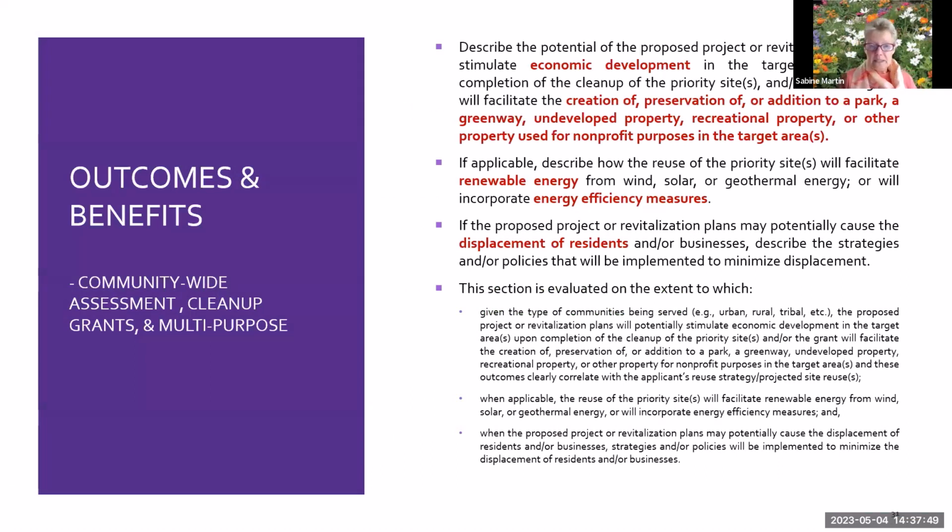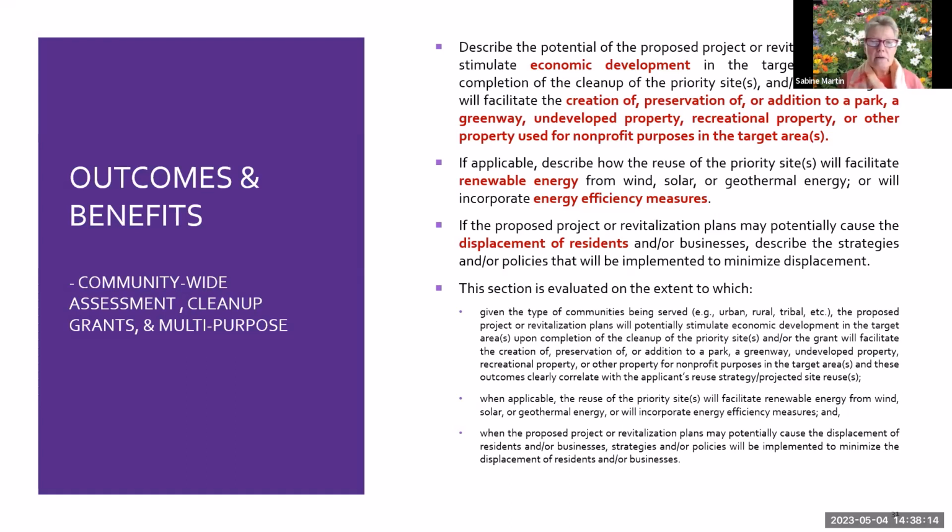So back to the actual outline of the grant application. In the previous section, you were asked to lay out your revitalization plans, and tell them how that meshes with the plans that your community already has regarding community revitalization, area revitalization. And now, of course, EPA also wants to know what the outcomes are.